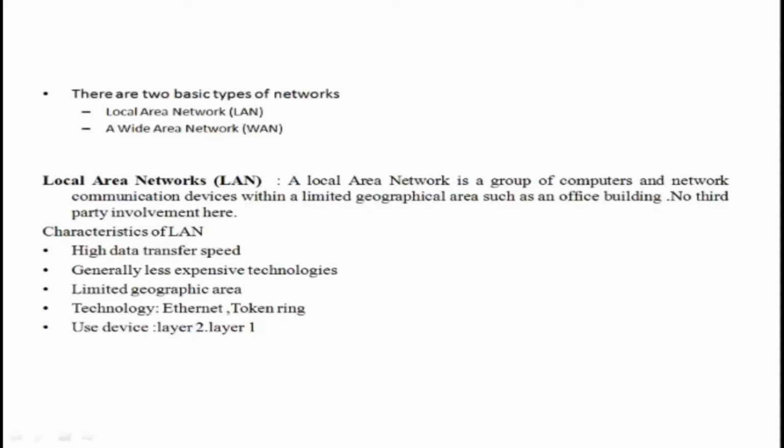Here there is no third party involvement. The characteristics of LAN are that it provides a high data rate because it is in a limited geographical area, and it is a less expensive technology because here we are using a layer 1 device, that is hub, and a layer 2 device, that is switch. The technologies used here are Ethernet and token ring.